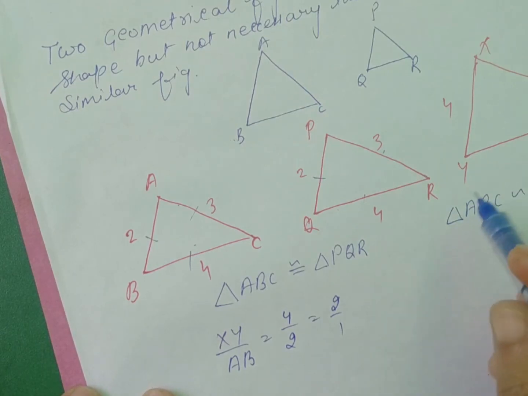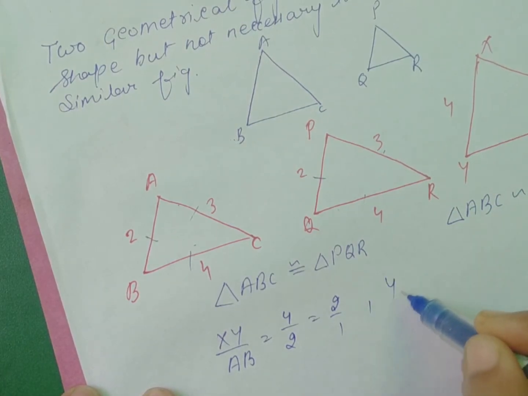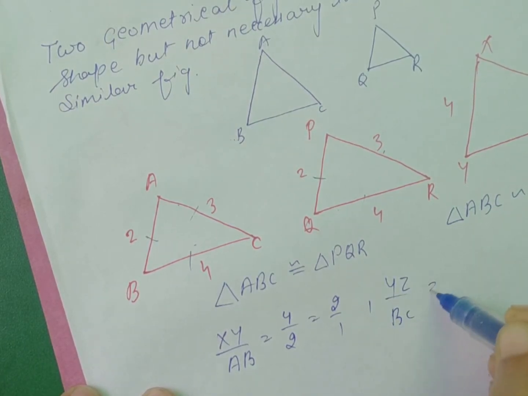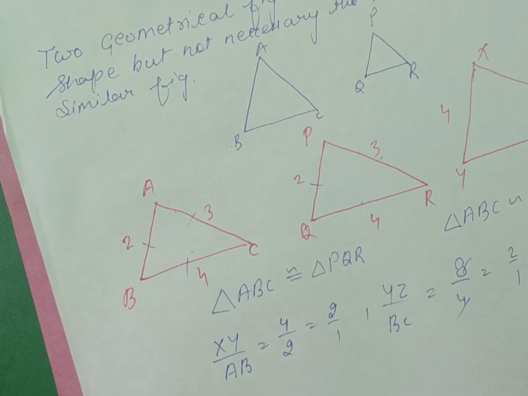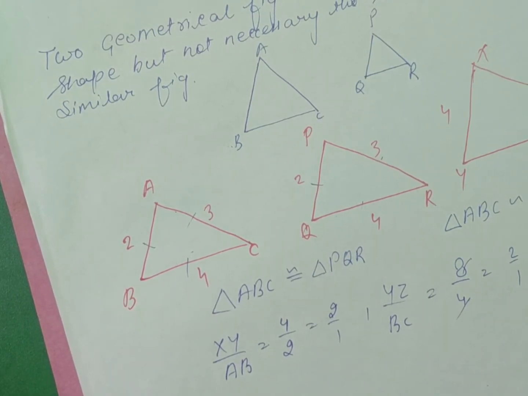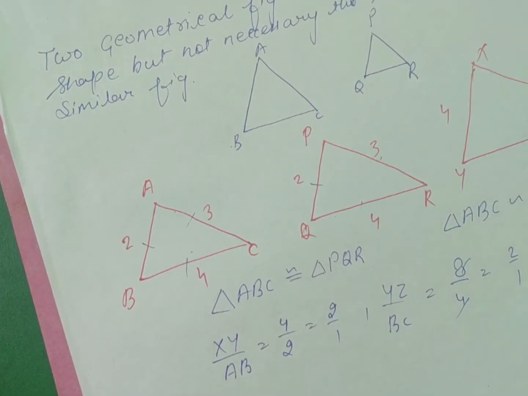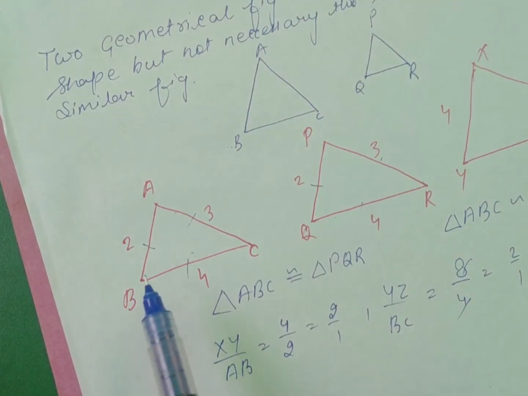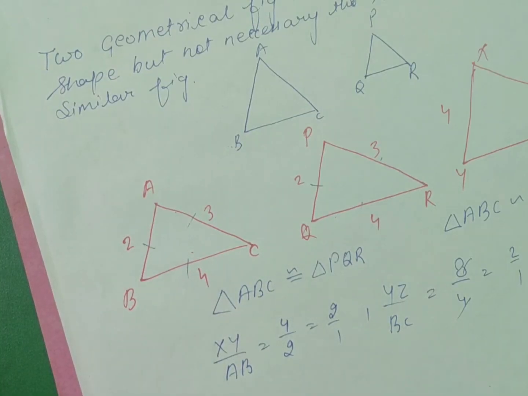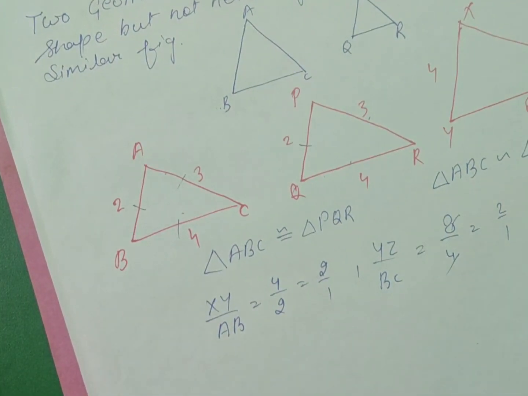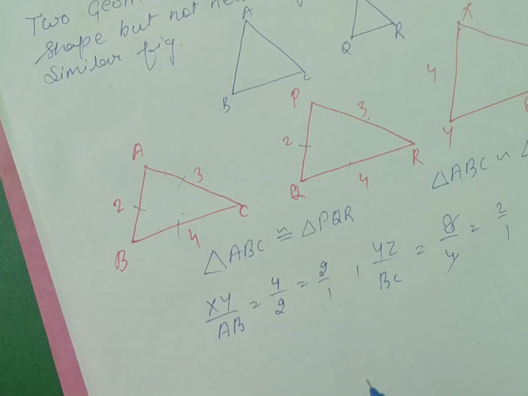And YZ by BC will give 8 by 4, also giving 2 ratio 1. And next one, XZ by AC will give 6 by 3, means 2 ratio 1. So we can analyze that their sides are proportional, or we can say that corresponding sides are proportional.